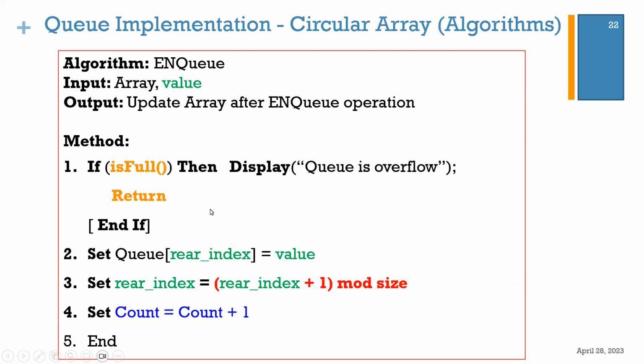This is enqueue using a circular array. What is the difference? The difference is only in the rear index. The next rear will use rear index + 1 with modulus size, which gives us the position of the new element.